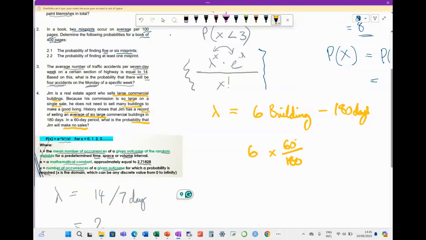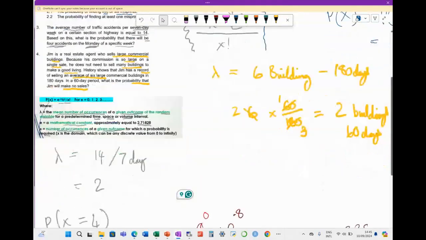This is the same as saying 1 over 3 times 6, so there's going to be 2. So 2 large buildings for 60 days.